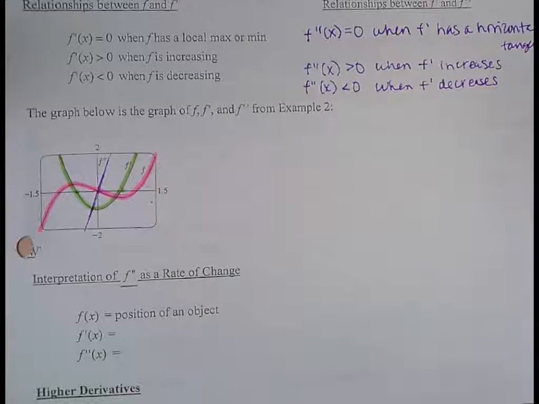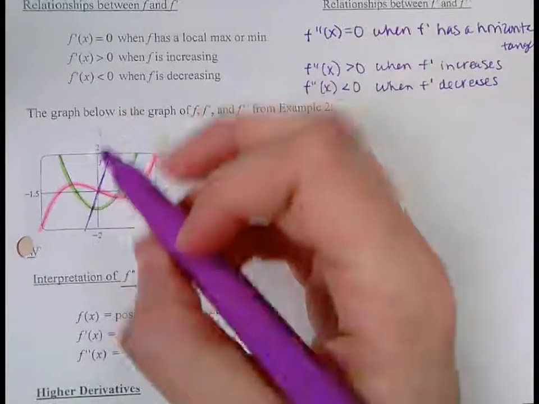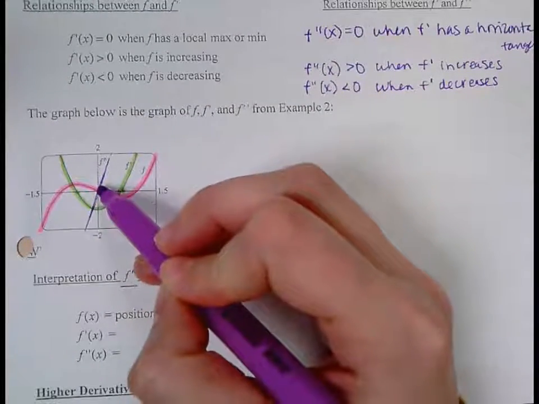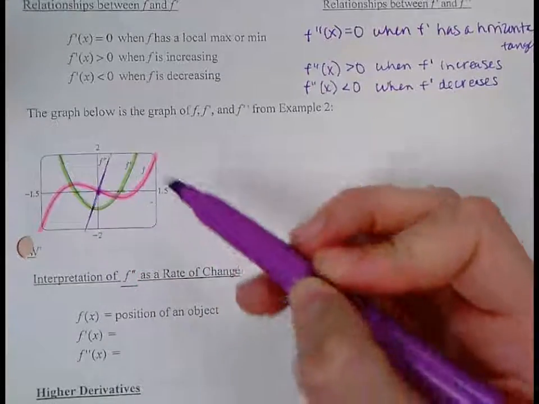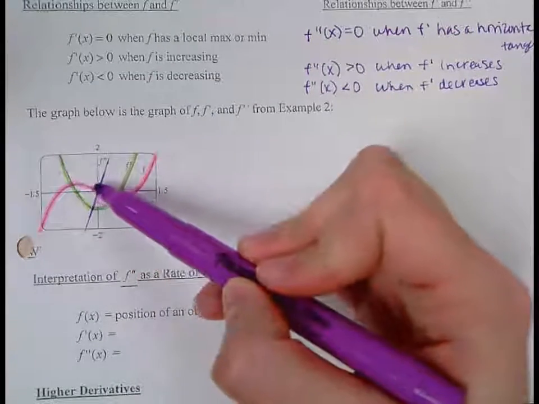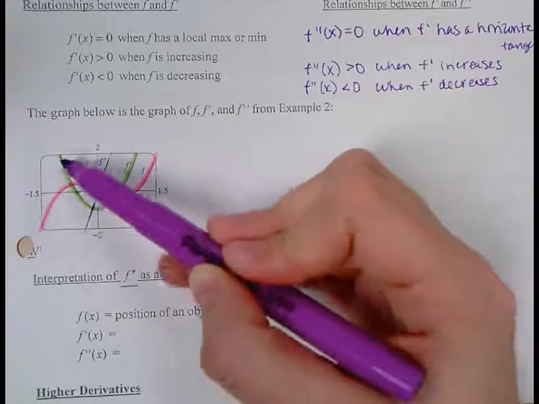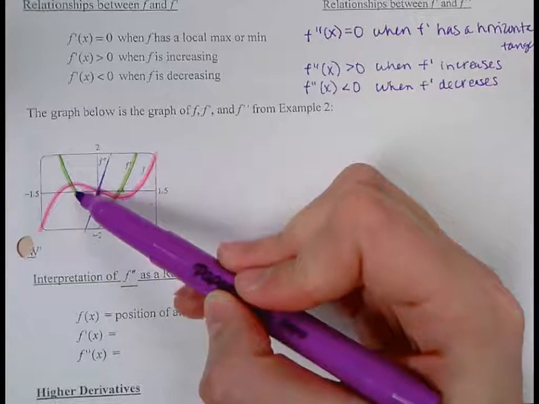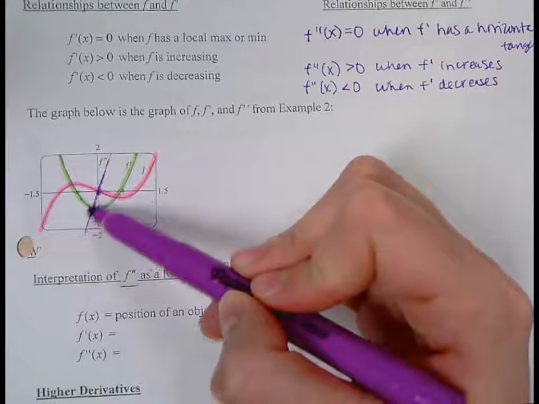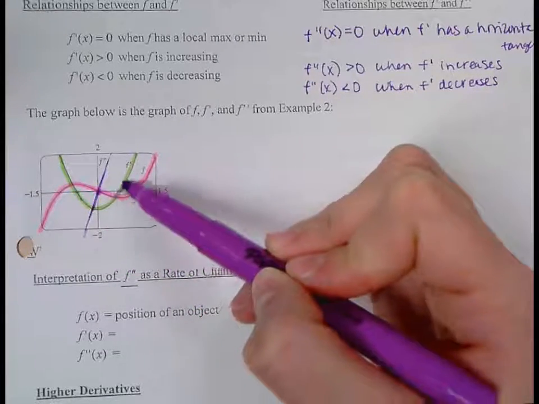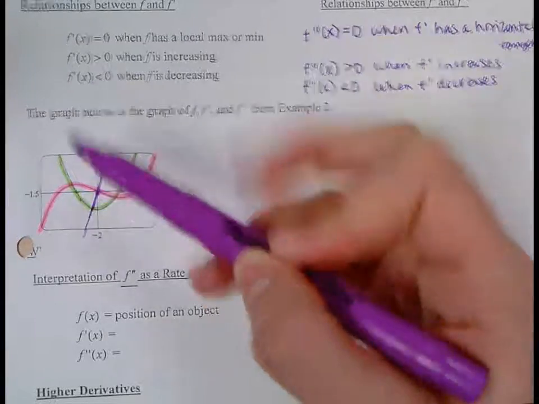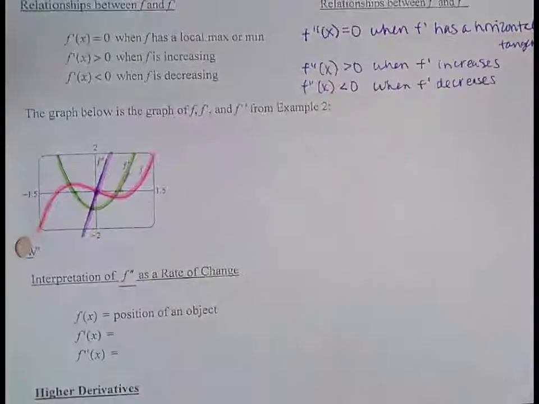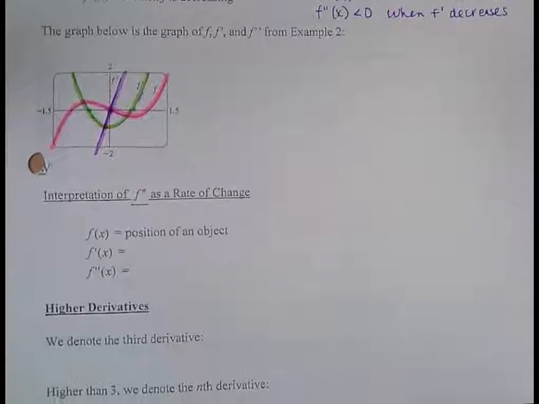And now from that quadratic, you can see there's one horizontal tangent, and that would actually be at the x value 0, and that's where f double prime passes through 0. To the left of that horizontal tangent, f prime is decreasing, so the second derivative is negative, and after the horizontal tangent to the right, it is increasing, so f double prime is positive. But you can see then from a quadratic, the derivative of a quadratic is linear. So it has those same relationships we've talked about.